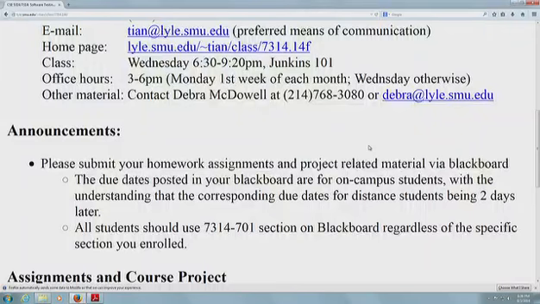For the distance students and the undergraduate students, you will be merged, and so you will be looking for that 7314.701C instead of whatever your official section is. It could be 5314, some of the 701C, or 7314, 498, 418, or whatever kind of section numbers you have. In Blackboard, we will only use the 7314.701C, so all students should be using this one.